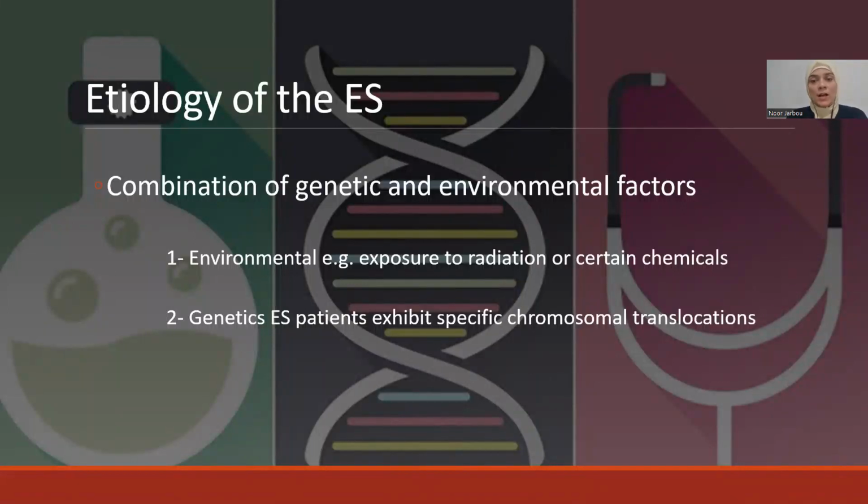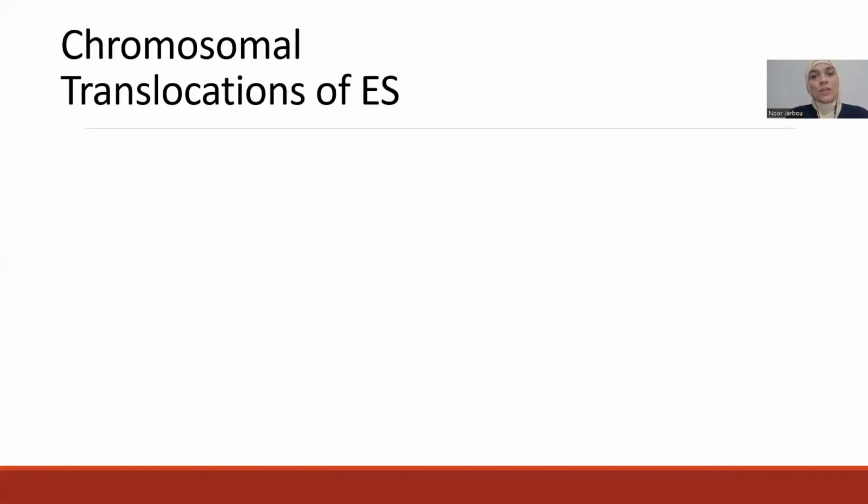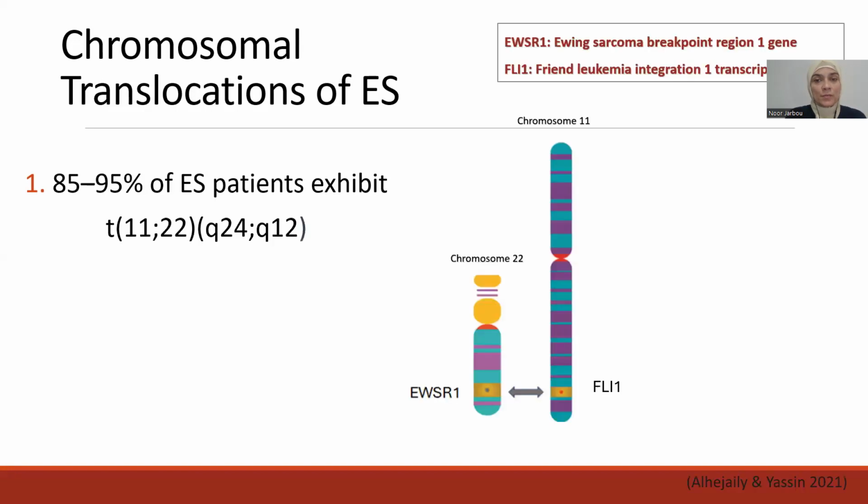Regarding genetic factors, Ewing sarcoma patients exhibit a specific chromosomal translocation. It was found that 85 to 95% of Ewing sarcoma cases involve a chromosomal translocation between the q arms of chromosome 22 and chromosome 11.